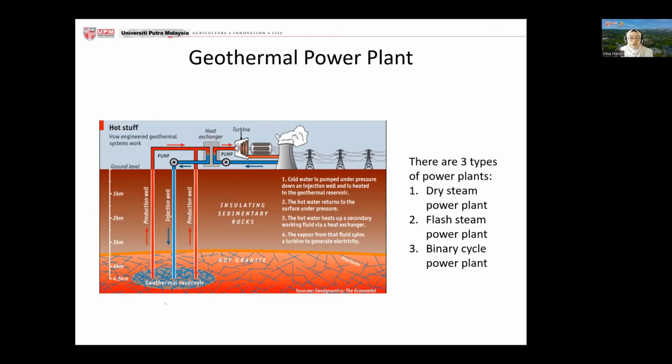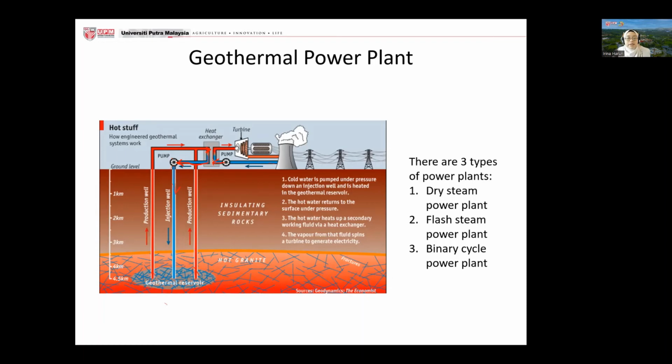So this hot water goes into the heat exchanger and meets up with the cool water from this other flow. One is hot, one is cold, so the heat will go to the cold one. As the heat is lost, this one becomes colder. It goes back to the pump and is pumped back into the reservoir.